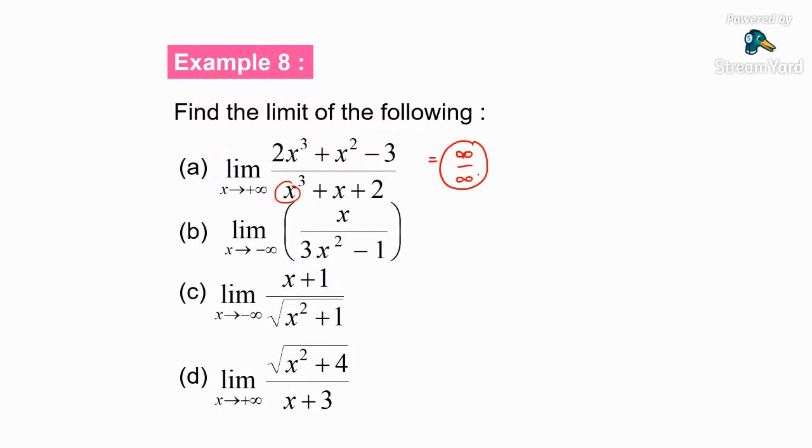If we have infinity over infinity, we need to check the highest power of our denominator. Referring to the denominator, the highest power is x cubed. Therefore, we divide each term in the numerator and each term in the denominator by x cubed as well. Atas bawah dua-dua bahagi dengan x cubed.